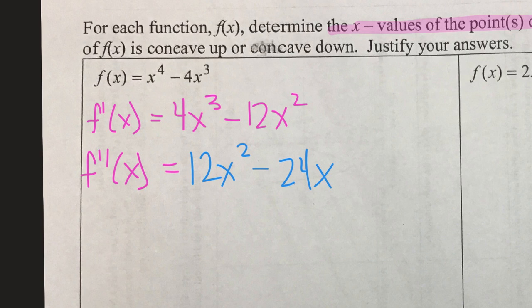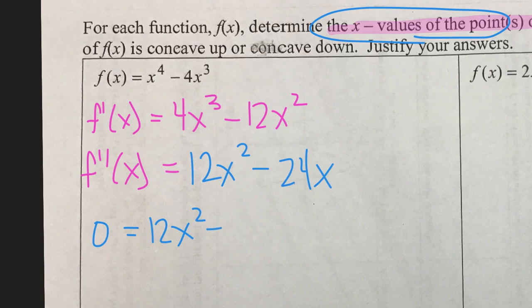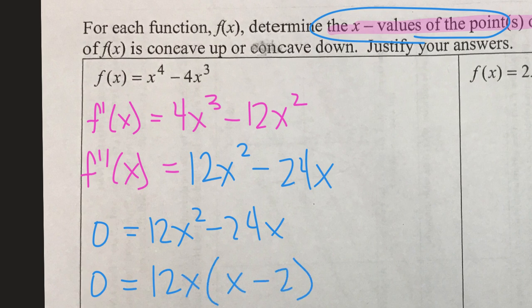Most polynomials of power greater than 2 are twice differentiable. So we need to solve this and see what those critical values are. We set our second derivative equal to 0: 12x squared minus 24x. Both terms have a 12x in common, so I'm going to factor that out, leaving me with 12x times x minus 2.